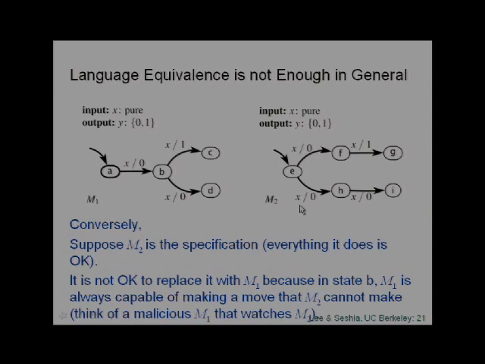And so if M1 worked correctly with the scheduler, then so will M2, because any behavior M1 produced, no matter which way the scheduler made M1 go, M2's behavior is going to be a subset of that.